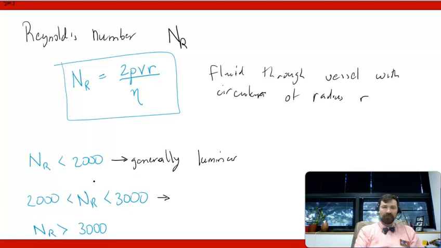This is my transition values, and this right here is generally turbulent. And even if it's turbulent, once you're in the generally turbulent regime, increasing the pressure difference does increase the volume flow rate. It may even increase it linearly for quite a while, but it does so at a different slope, a smaller slope in fact, than in our generally laminar case. Okay.